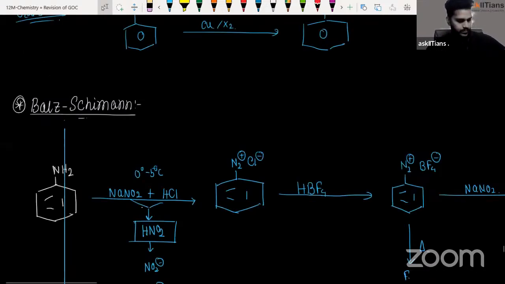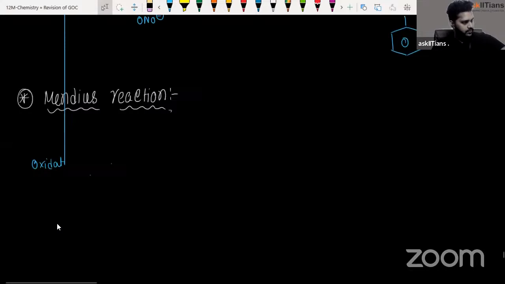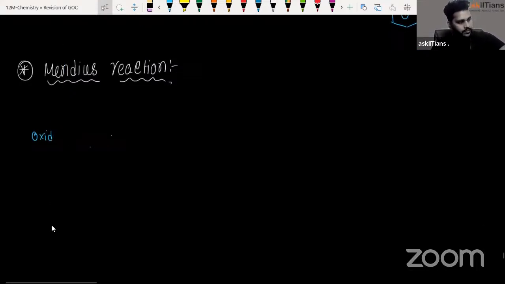If you navigate to the section of oxidation, you'd be able to see that whenever we take an alcohol, how do you oxidize it?